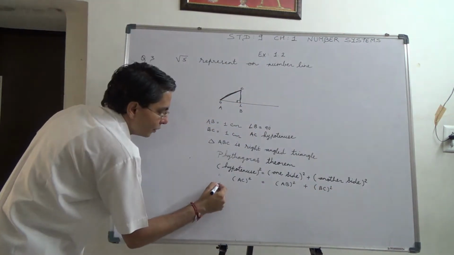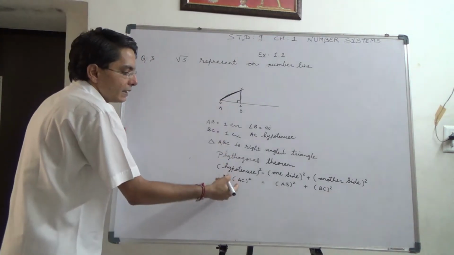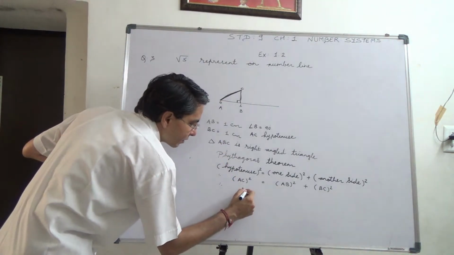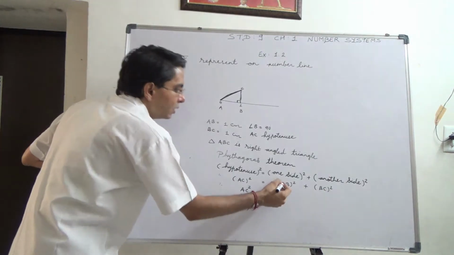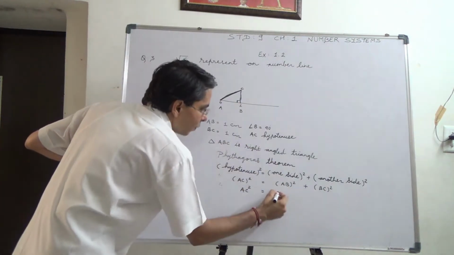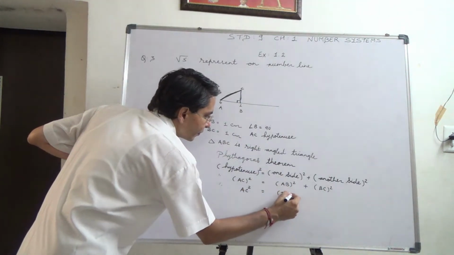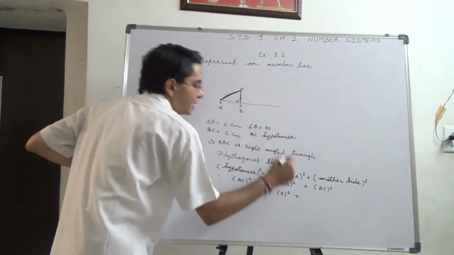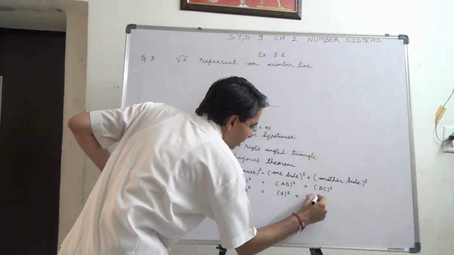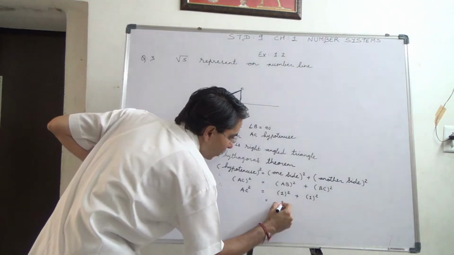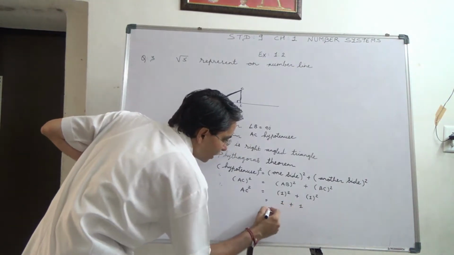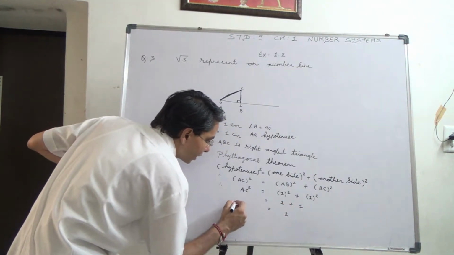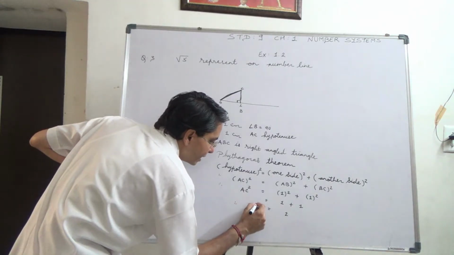Okay, so AC we don't know, so AC square is equal to the measurement of AB, which is 1 centimeter, plus the measurement of BC, which is also 1 centimeter. So 1 square is 1, plus another 1 square is 1. So 1 plus 1 is 2. So AC square is 2.